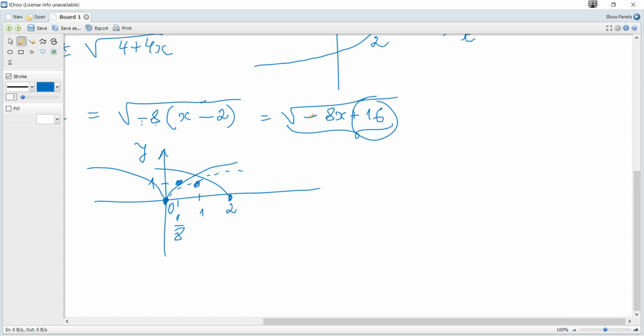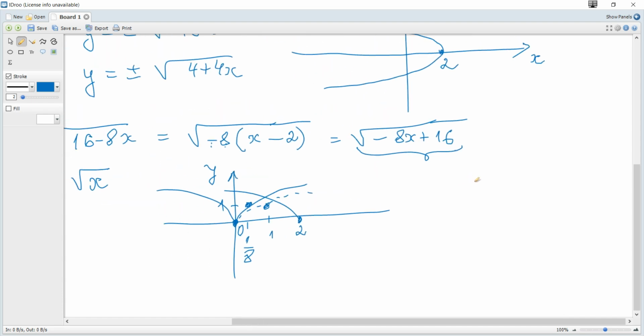Contraction reflection or reflection contraction doesn't matter, but if you do contraction by factor of 8 followed by reflection, and then say followed by translation 16 units to the left, it will be a mistake.